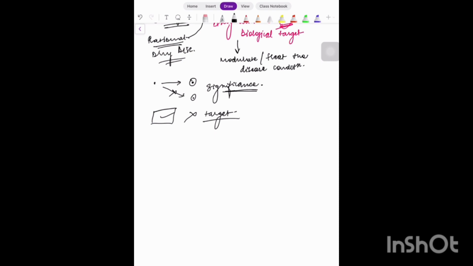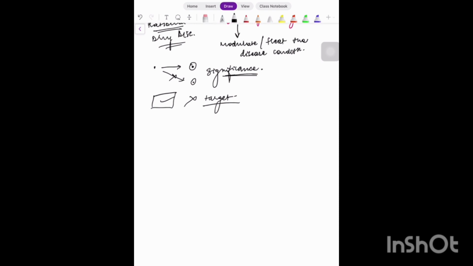Now looking at a scientific example, I'm looking at inflammation, and my target would be cyclooxygenase.